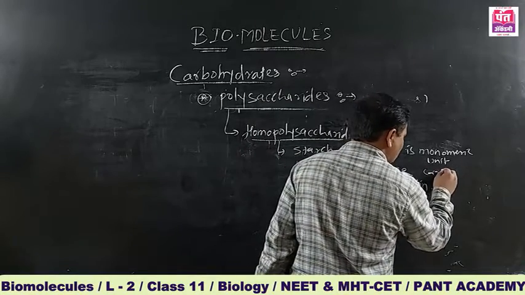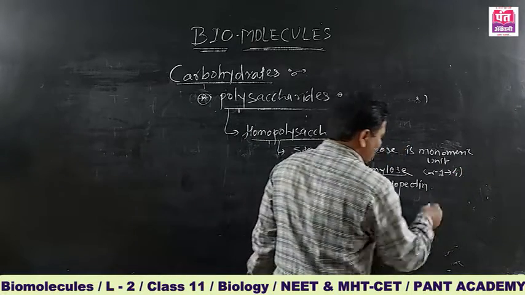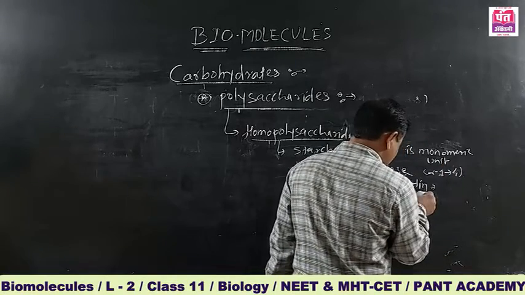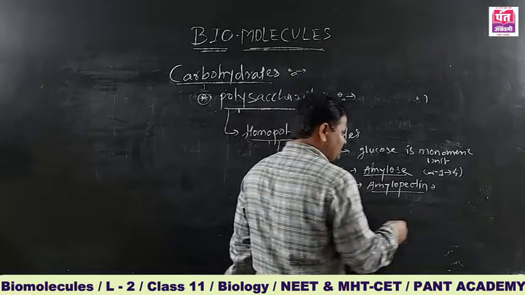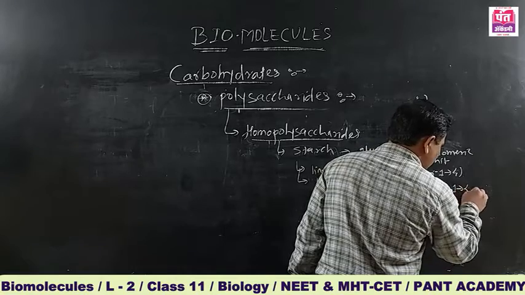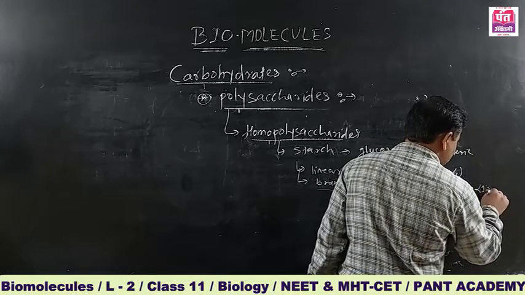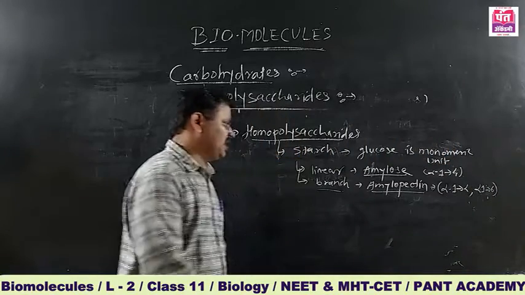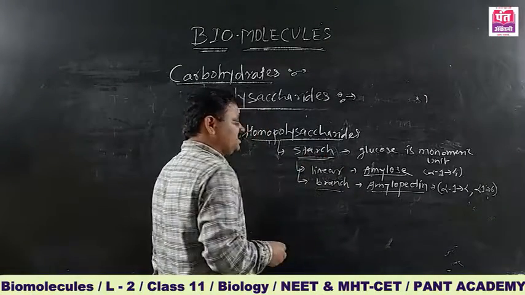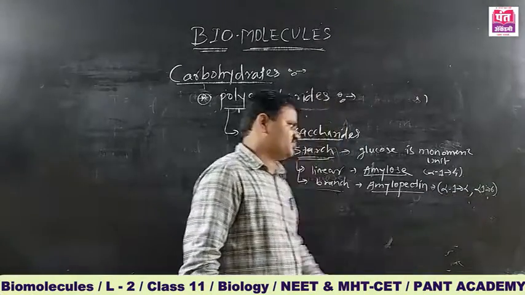Only alpha 1,4 linkages are present in amylose, and in the branched amylopectin both are present, especially at the branching point. It contains alpha 1,4 linkages in the straight line and alpha 1,6 linkages as well. So the glycosidic linkages in starch can be alpha 1,4 and alpha 1,6.